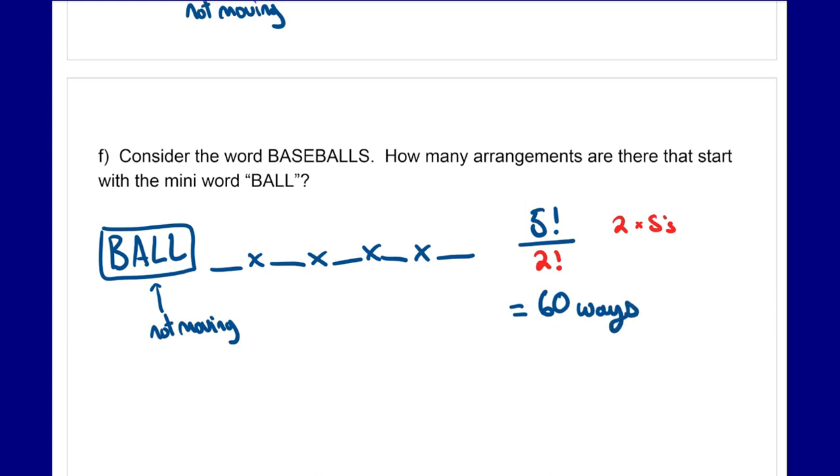So the key thing here is that when we're dealing with order and looking at permutations with identical objects, if they're identical, then the placement of them doesn't really matter, because it's not going to change the appearance of the arrangement.